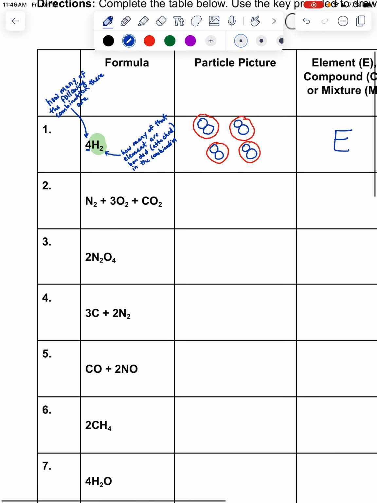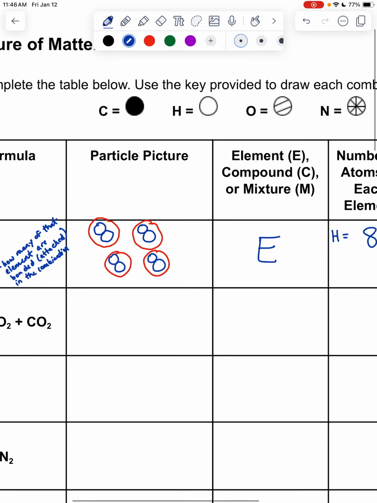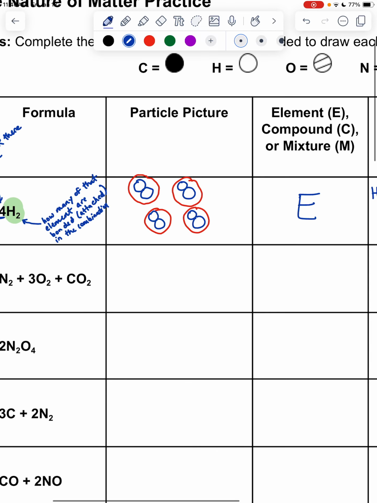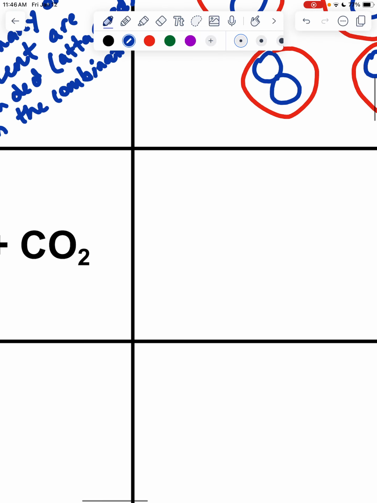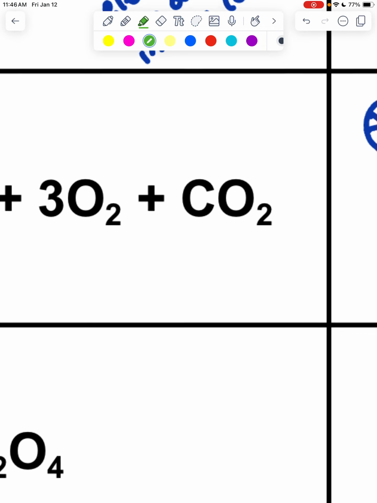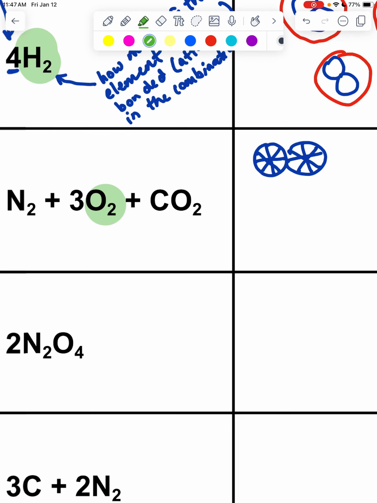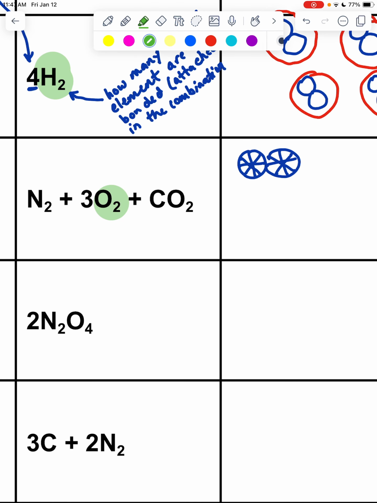All right, so let's take a look at this one. N2, so I'm going to look and I see that N is that nice little pinwheel. N2 means that I have two N's attached to each other, right? Plus 3O2. Now again, remember, to make it a little bit easier on yourself, just focus on the combination itself before you get into that, using that number out in front, that coefficient.